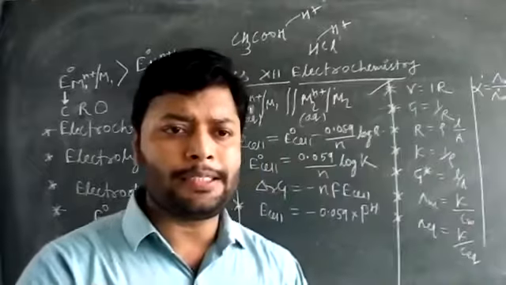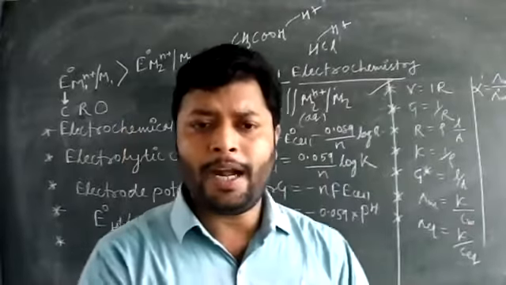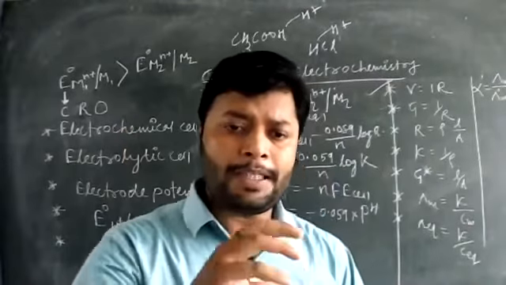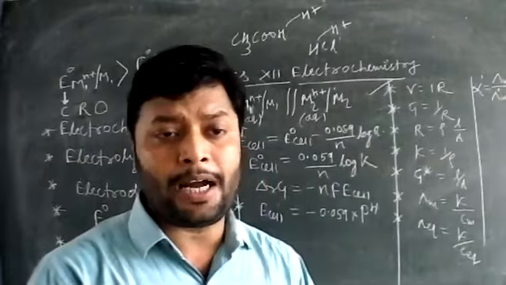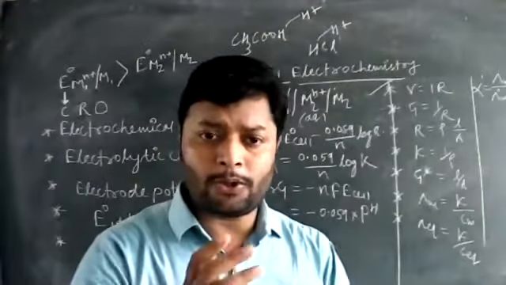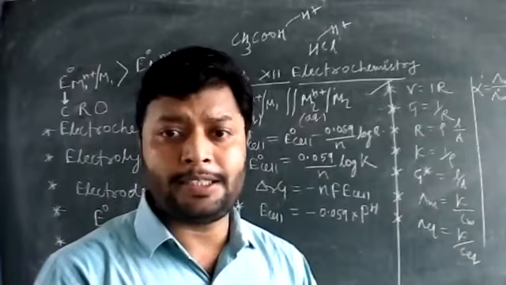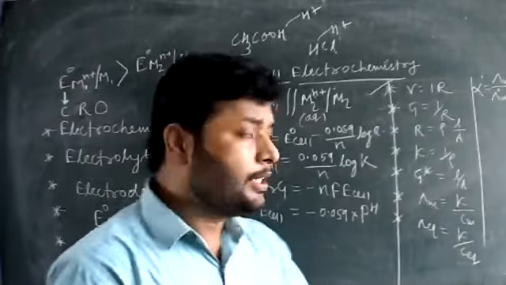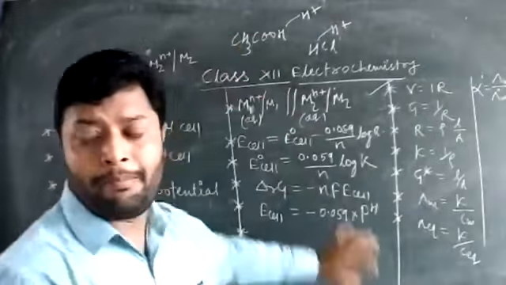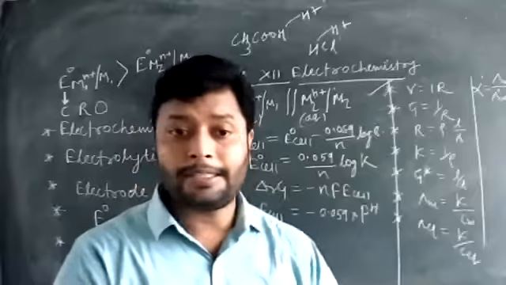Even a weak electrolyte is not completely ionized. We do not know exactly how many ions will be produced on dilution by any weak electrolyte because of the weak tendency of ionization. Due to this, Kohlrausch's law will be a milestone.